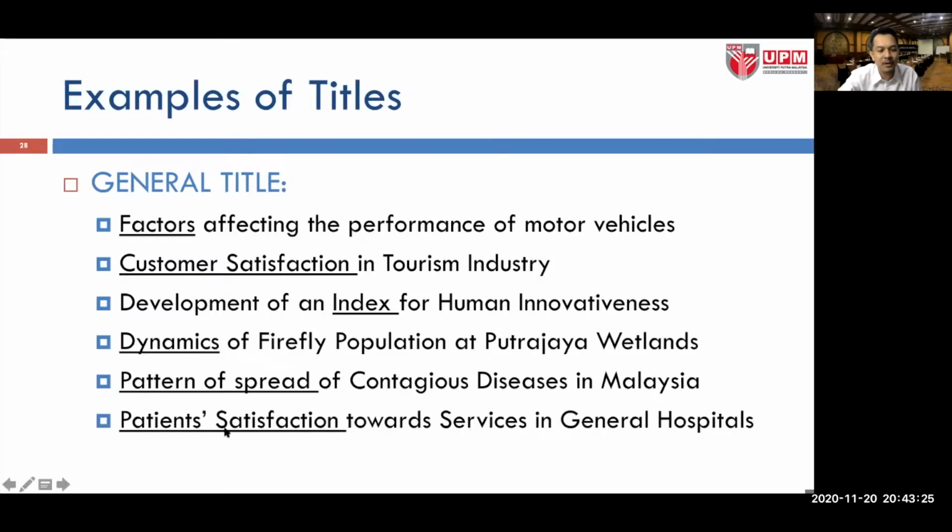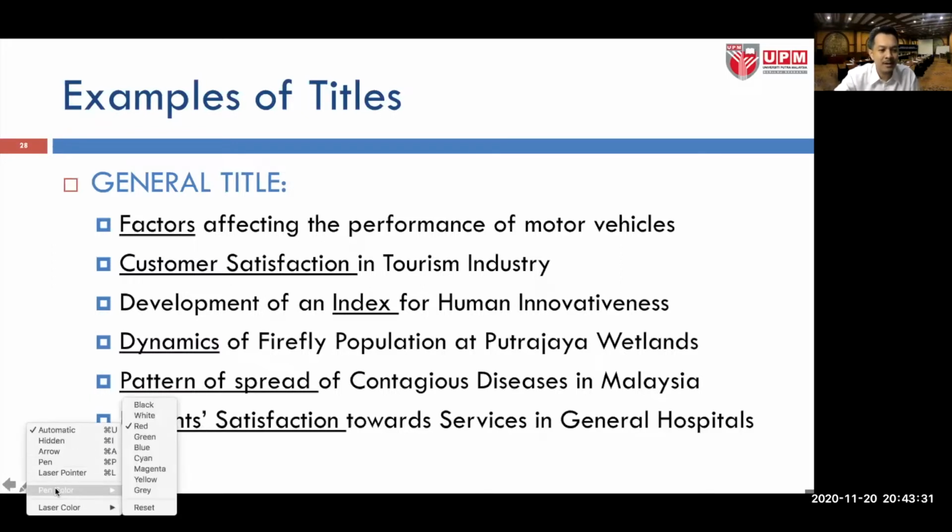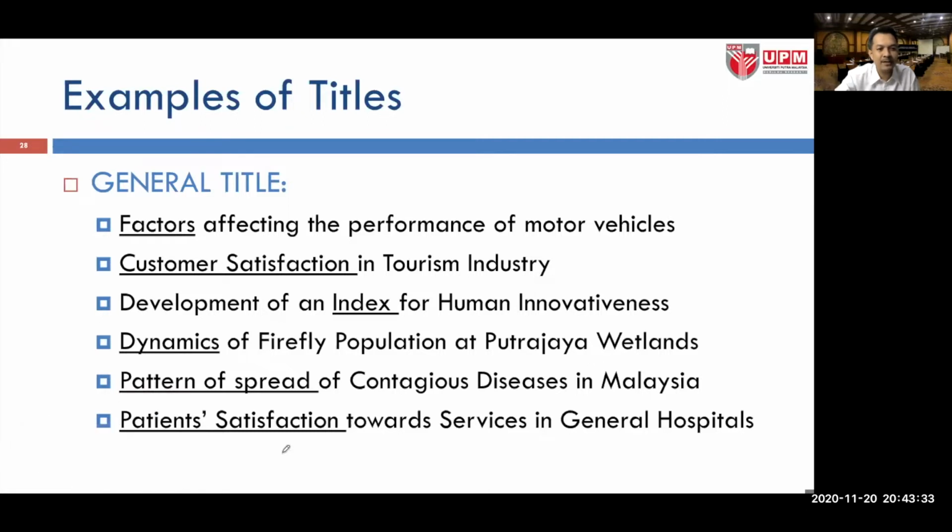And the last one is patient satisfaction towards services in general hospital. So let's try to identify in terms of the item of SPAM. Okay, so let's say we have the S, the P, the A, and the M.